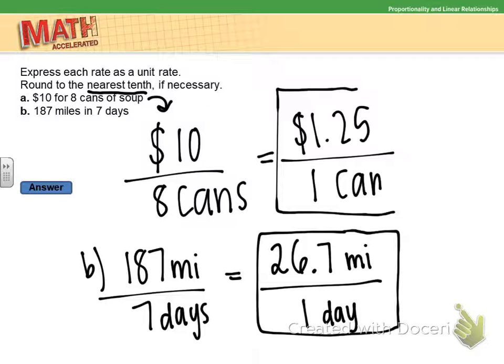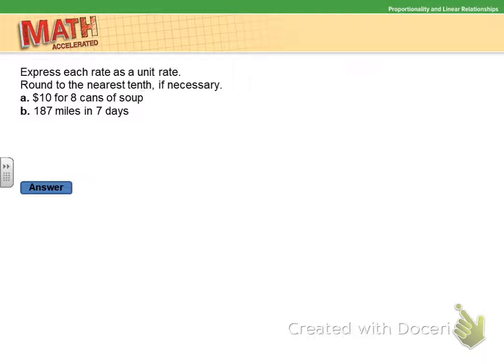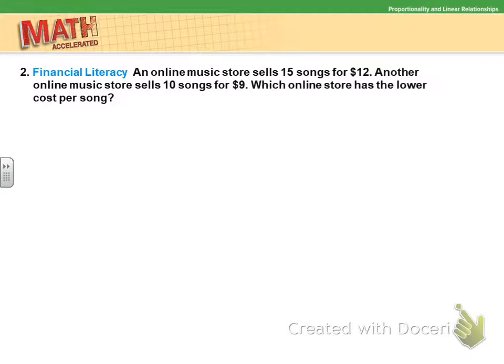Any questions on how to find the unit rate of these two? Are we good on this? Yes. All right, so now we're going to use it to compare and answer a question. All right, Luke, will you read this for me? Financial literacy. An online music.